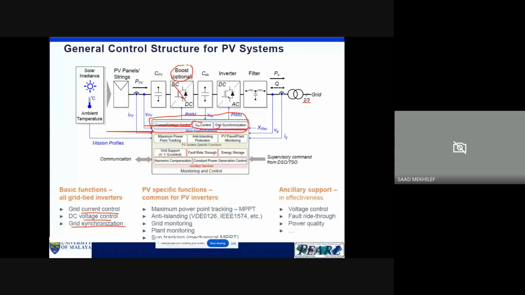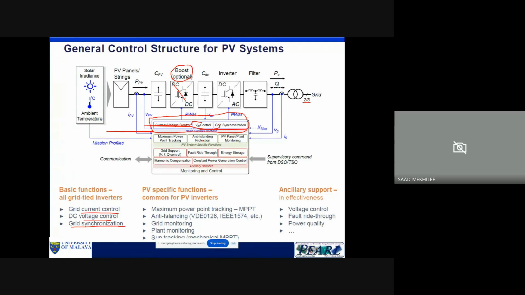So this is the basics for the first one, and then we have the PV specific functions. Because we are using PV, we need MPPT control. We need anti-islanding protection. It means in case there is a fault on the grid, the inverter should be able to disconnect from the grid, becoming islanded mode.